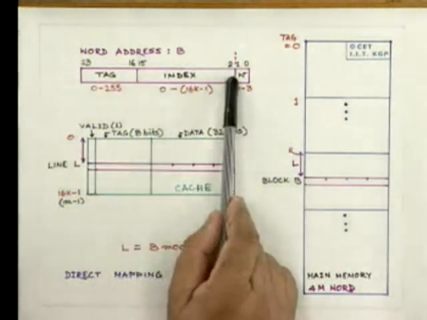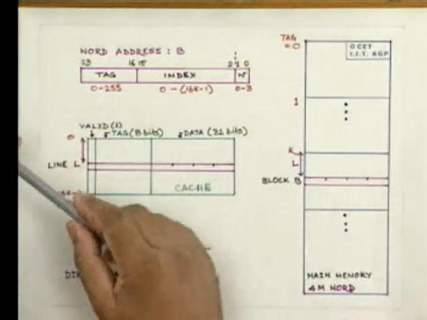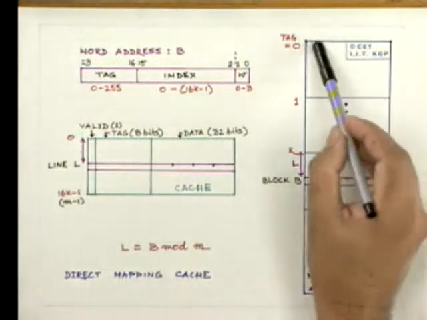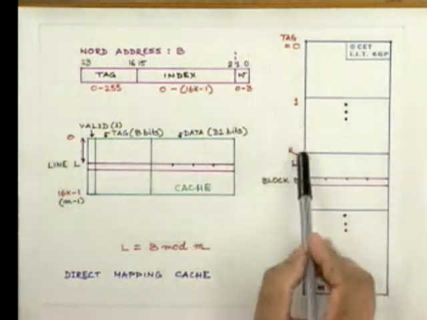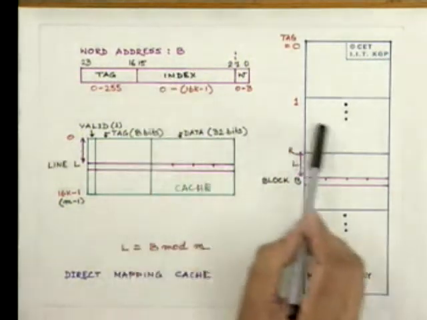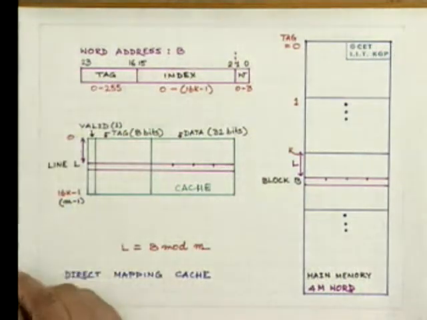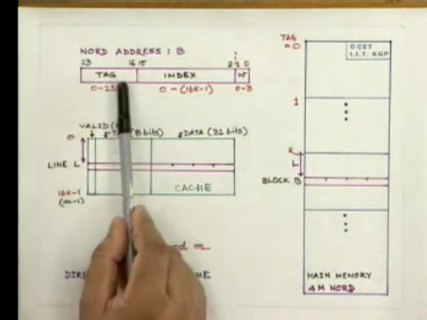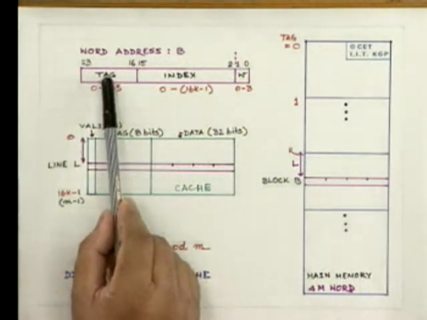Then this 14-bit address will essentially determine the location of a particular word within a segment that is decided by the tag field. For example, this tag can be from 0 to 255, therefore 256 values can be there in the tag.